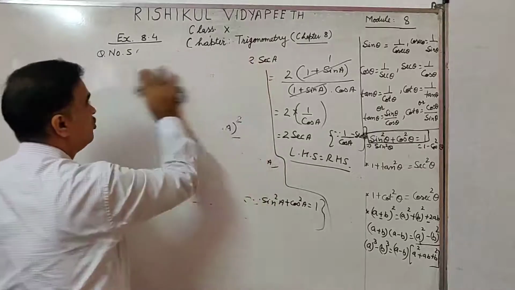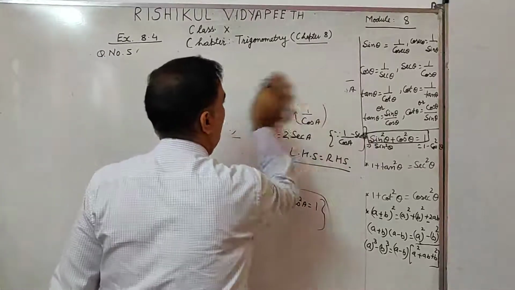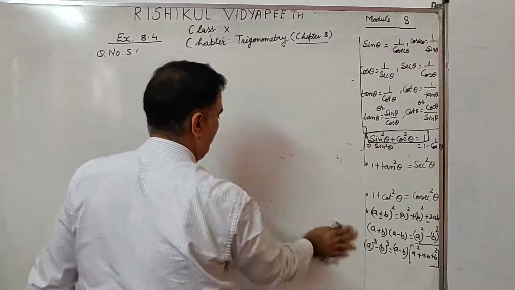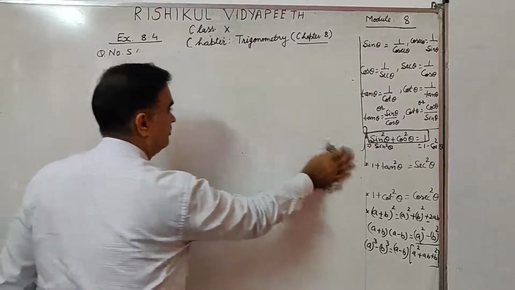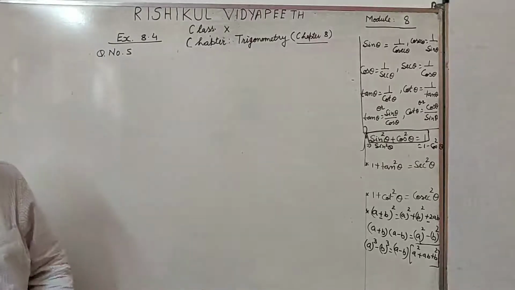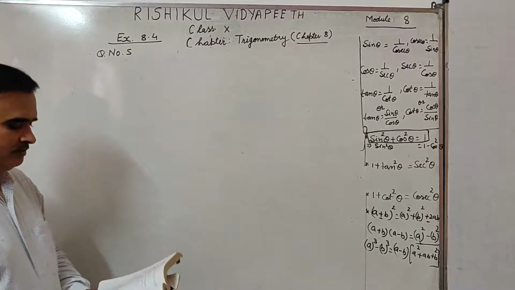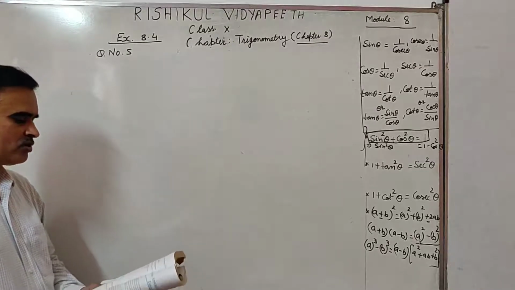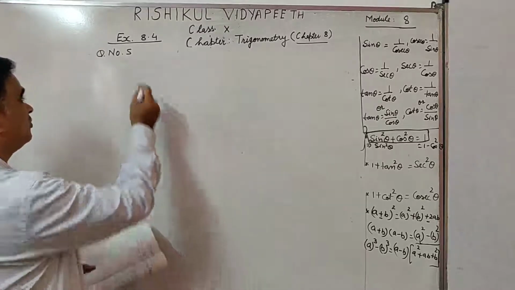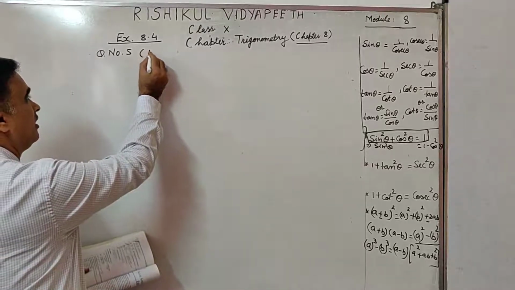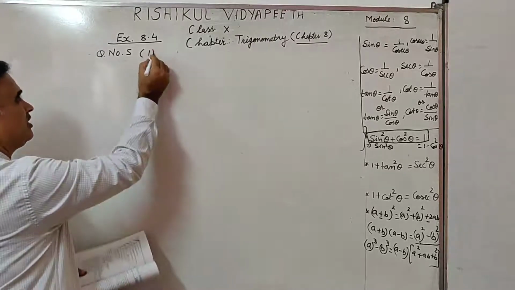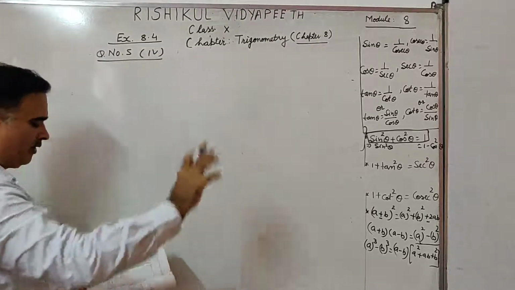We have done 2 parts. Let's start. Very easy question, same way. Leaving the third part, I am taking the 4th part first, because the third part I will take in the next module. The 4th part, because it is easy, very small one.